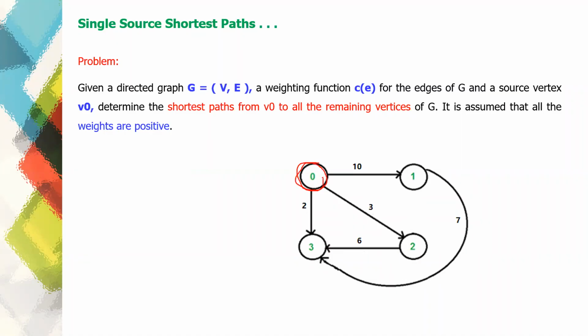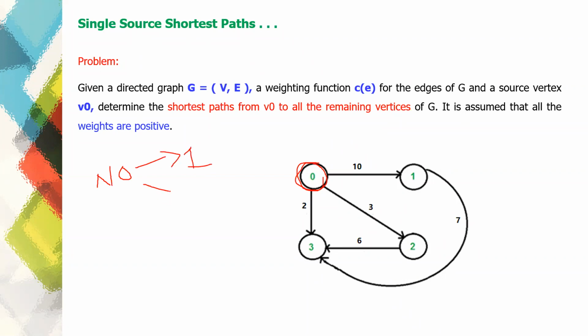Now the problem is that you'll have to find the shortest path from the source vertex to all the remaining vertices. So you'll have to find shortest paths from node number 0 to node number 1.